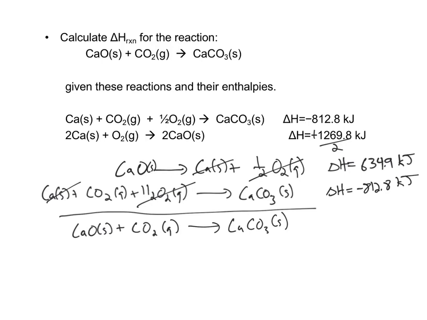And so when I added these two reactions, with these delta H's, I got the reaction I wanted, so now I just need to add these two delta H's. And so 634.9 minus 812.8, and I get a delta H of negative 177.9 kilojoules. And so that would be our answer.